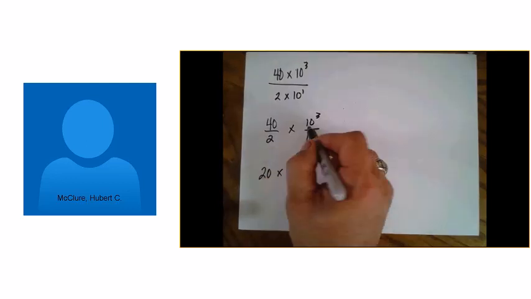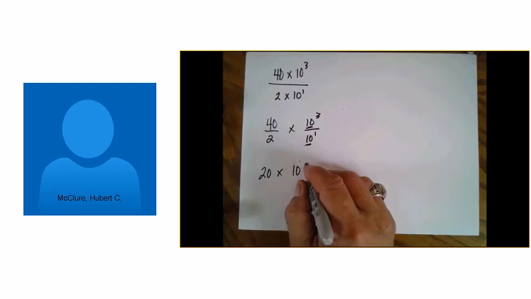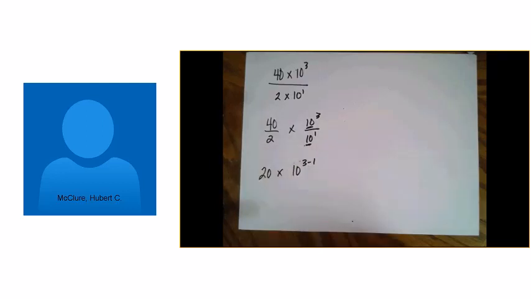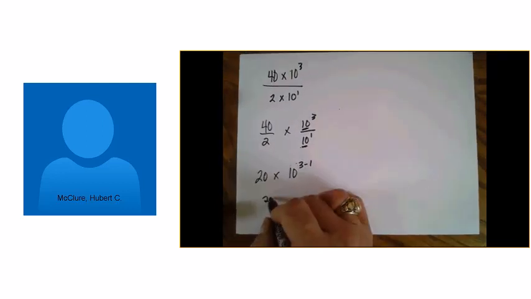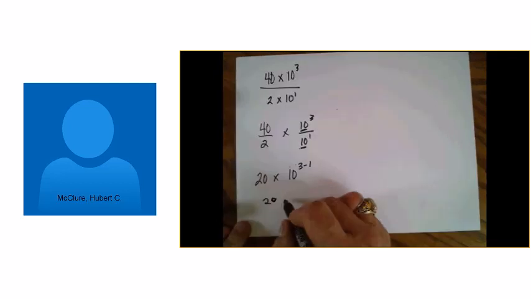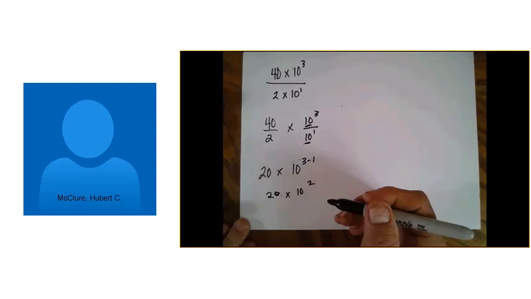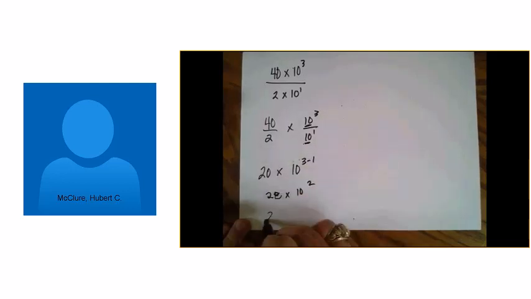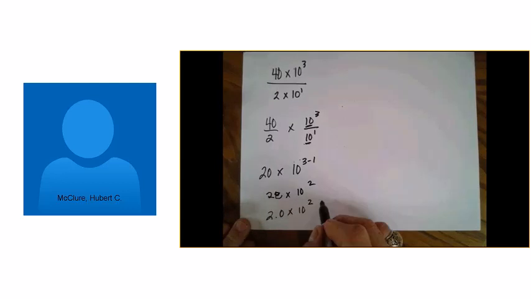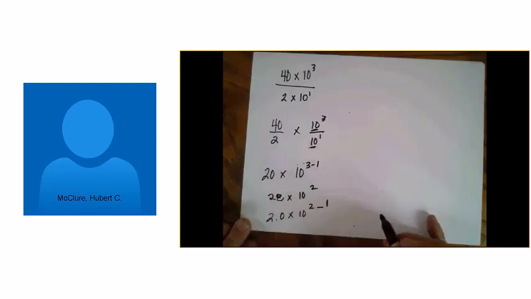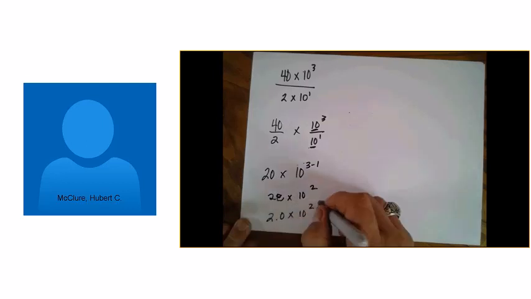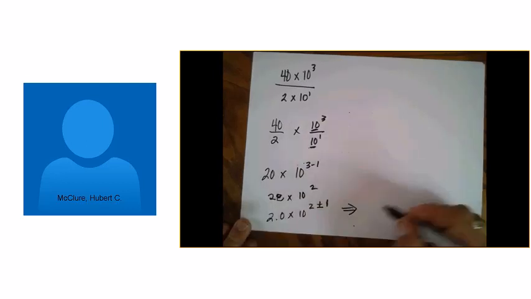And what do you do with exponents if the bases are the same and you're dividing? You subtract. Thank you. So 20 times 10 to the second power. Of course, that decimal is right there. You move it one place. That's 2.0 times 10 to the 2 plus 1. And move it to the right to get the original. That's positive. So our final answer is 2.0 times 10 to the third.